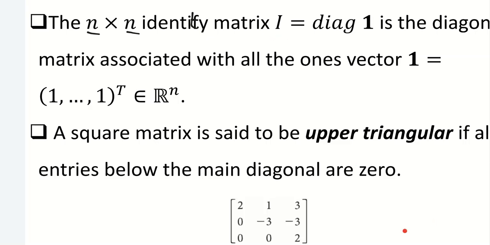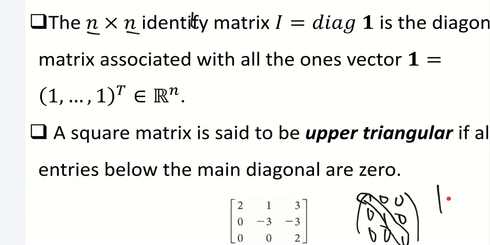What he's saying is that an identity matrix is supposed to be a square matrix, which we saw here: 1, 0, 0, then 0, 1, 0, then 0, 0, 1. Now it's a diagonal matrix, so this place must be 1. That means I is equal to the diag, with 1s.